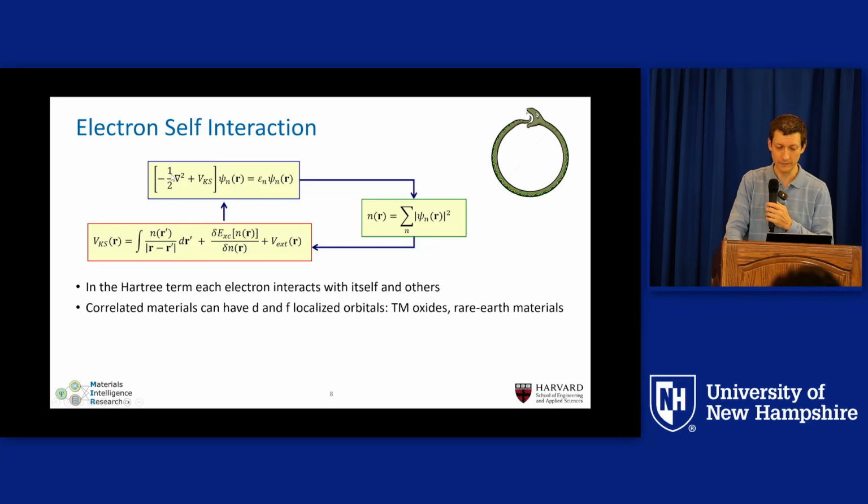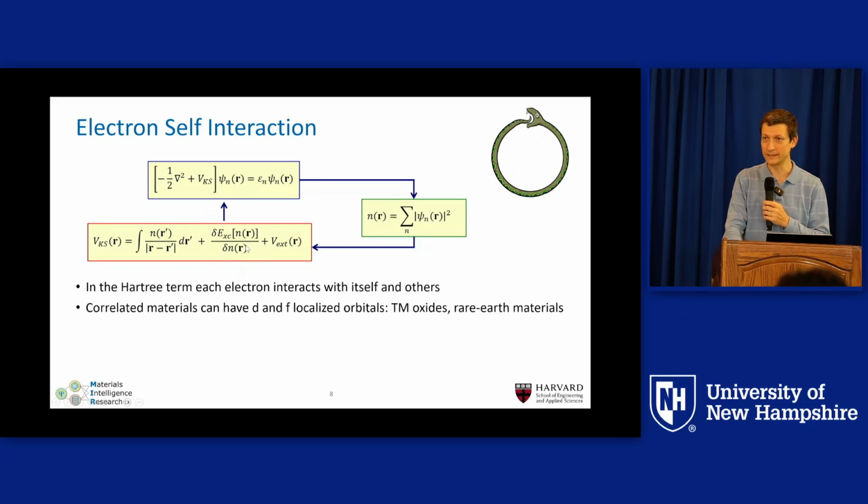Then you can solve your single body Schrödinger equation for each of these independent electrons. Well, they're not exactly independent, but it's in terms of single electrons, this whole representation. Then you get your new orbitals, and these orbitals can be combined to give you a new density, and you keep repeating this. Of course, it's all governed by the accuracy of the exchange correlation term.